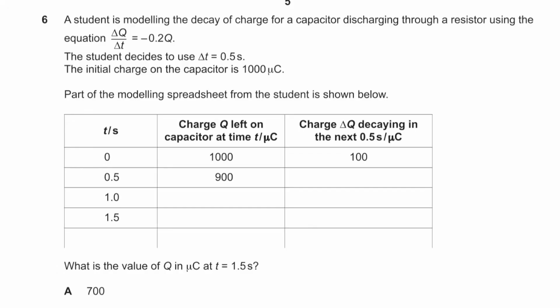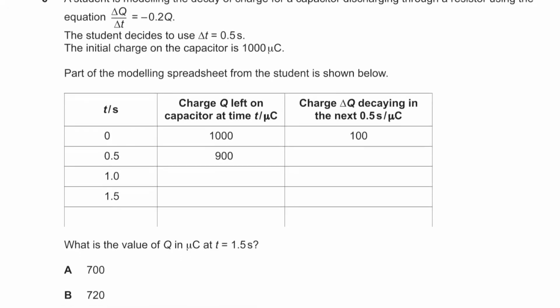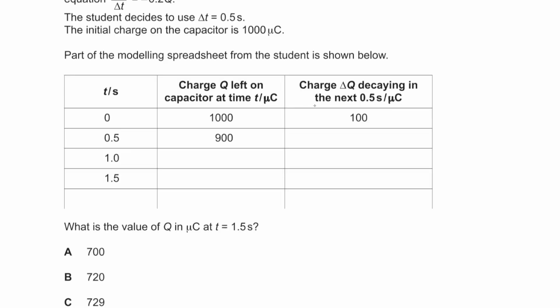6, we have capacitor discharging, and we have the equation for what the rate of discharge is. Fine. So we're being asked what is the value of Q in microcoulombs at time that. Okay, fine. So 100 has gone from this 1,000 to leave us with 900, and so then it's going to be, well, it's 10% because exponential is the way it goes.